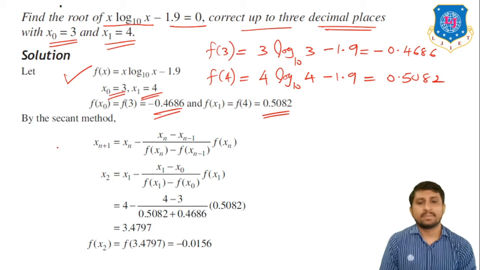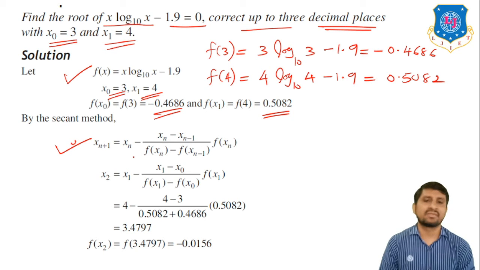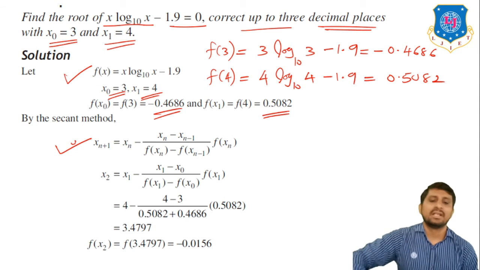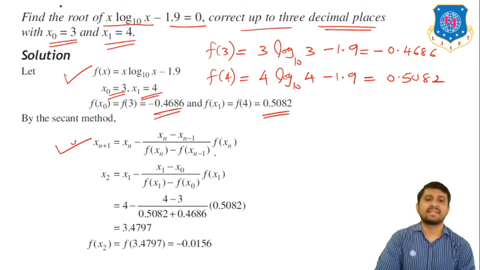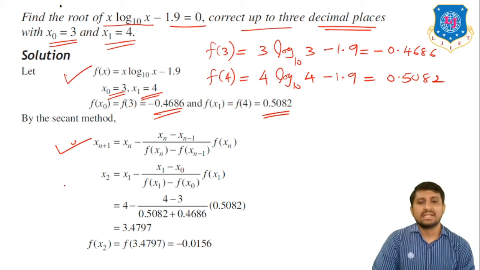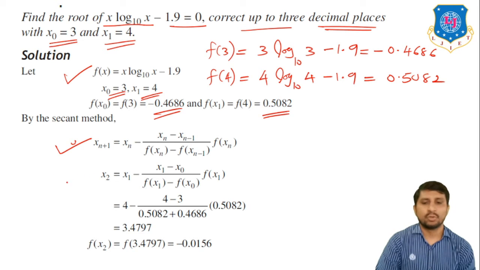So by the secant method, xn plus 1 is xn minus (xn minus xn minus 1) upon (f of xn minus f of xn minus 1) into f of xn. First x2: x1 minus x0 upon f of x1 minus f of x0 into f of x1.